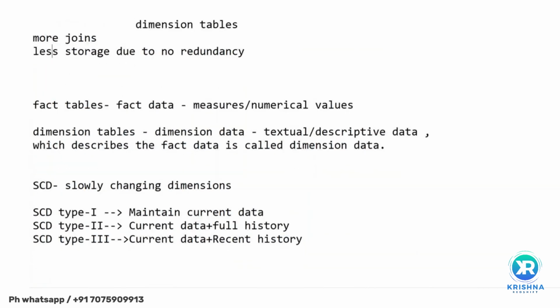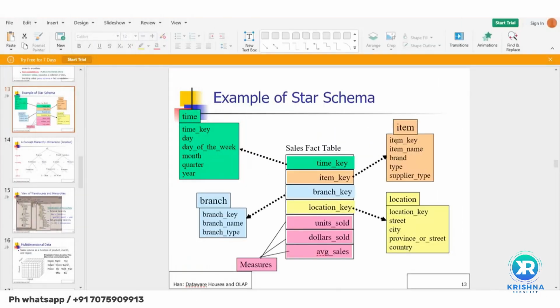I think the next thing will be slowly changing dimensions, because the dimension tables will tend to change over time. What are those dimension tables? For example, item names will tend to change. Brands too. Once upon a time it was Fair and Lovely, but now it is coming under a different name.